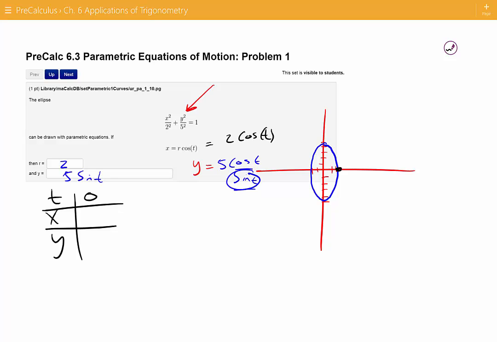So when you plug in 0, you get an x value of 2, which is what we want right here for this point. At this point, the y value is 0, so we need to get a 0. That's why we use sine. So we're going to use sine here, because when we plug in 0, sine of 0 is 0, and we need to get 0 for y, which is what we get. So just make sure that this starting point matches up with both the functions, and then you'll see that that would be our answer here.